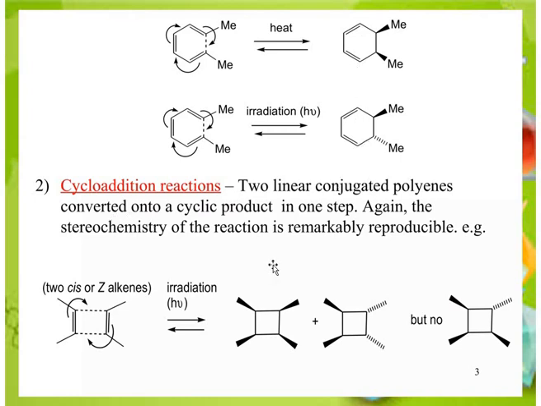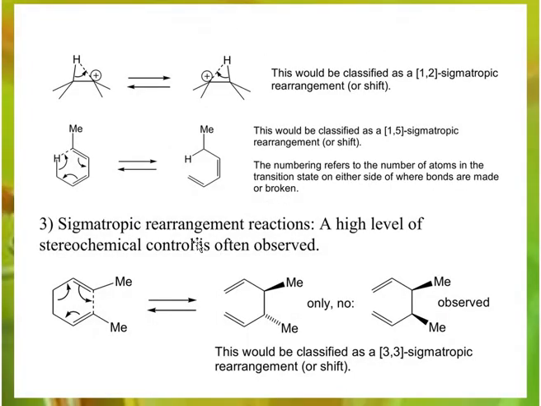So in a cycloaddition reaction, two linear conjugated polyenes are converted into a cyclic product in one step. Again, the stereochemistry of the reaction is remarkably reproducible. For example, two cis or Z alkenes on irradiation give these two types of products. Now, you can see this would be classified as a 1,2 sigmatropic rearrangement, and this would be classified as a 1,5 sigmatropic rearrangement.